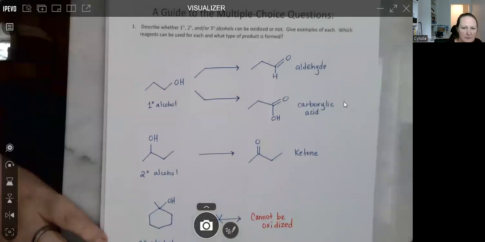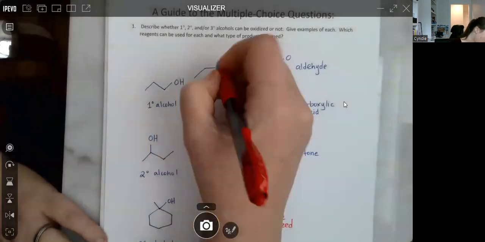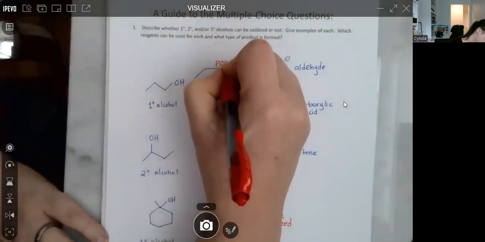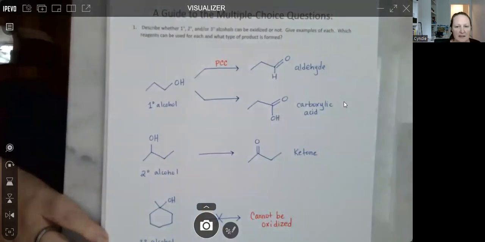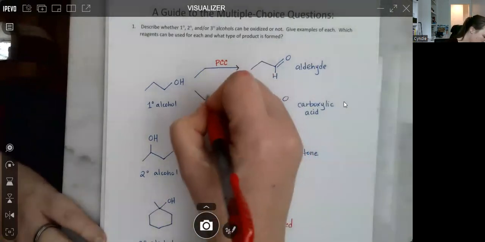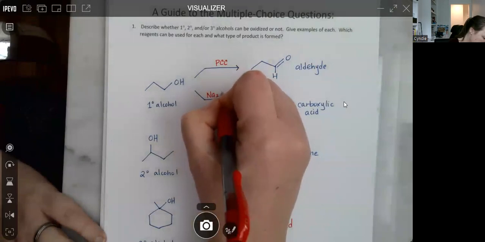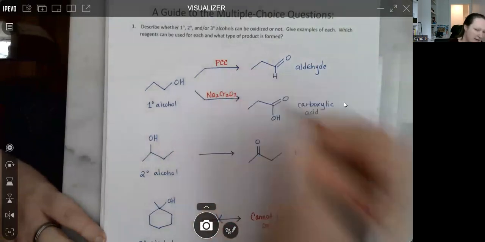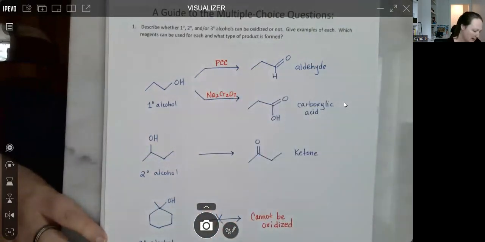the reagents. So we want to use PCC to stop at the aldehyde stage with the primary alcohol. Sometimes you might see like dichloromethane or a solvent mentioned, but that's not required. And then for a carboxylic acid, we would want to use a stronger oxidizing agent such as sodium dichromate.